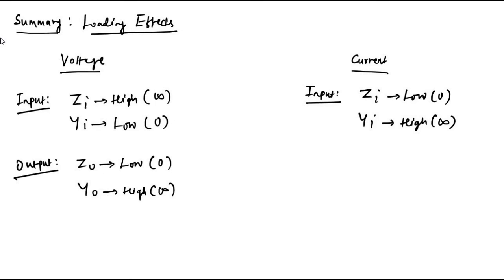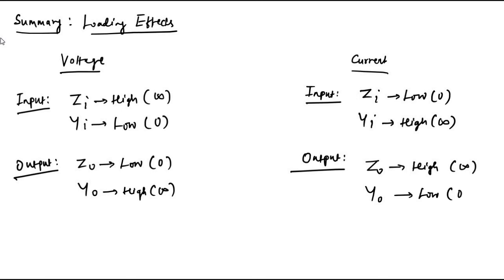Then current sources output side: the output impedance should be high, ideally infinity, or the output admittance should be low, ideally 0.